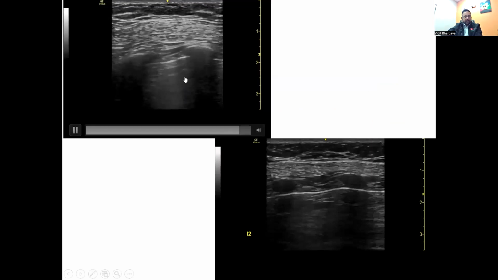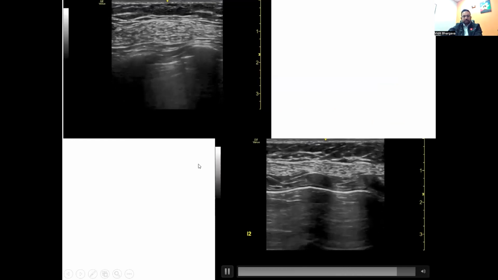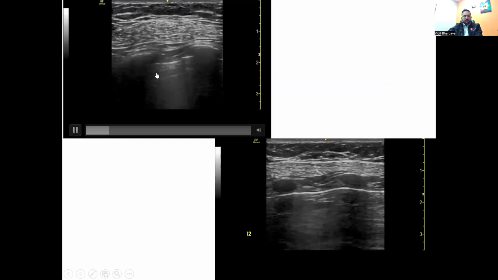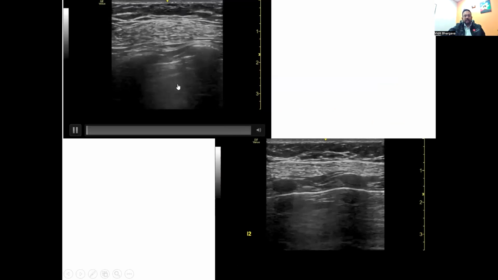So here, in this case, the images are only from the left lung. And for this first one, here's a linear probe. You see some subcutaneous tissue, muscle belly, but then everything starts to look suddenly a lot clearer.